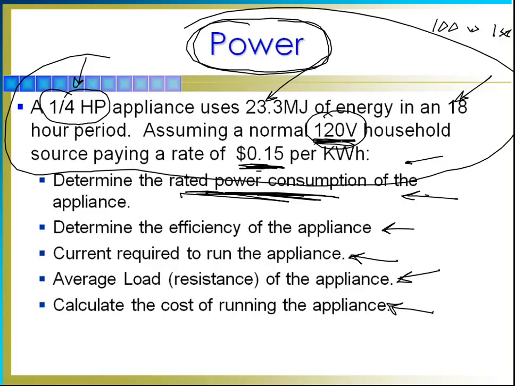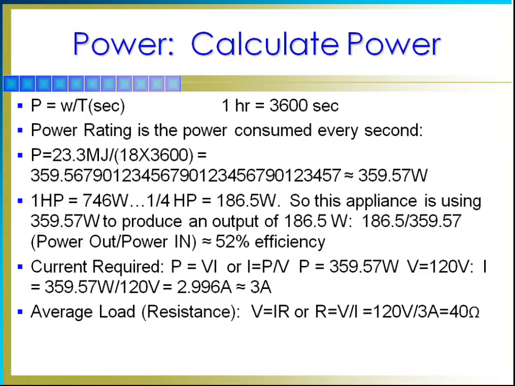So let's start with, what is the rated power consumption of the appliance? Well, to do that, we've got to figure out how much power this thing is going to use every second. So, I know that power is equal to work over time. Notice that's a small w.